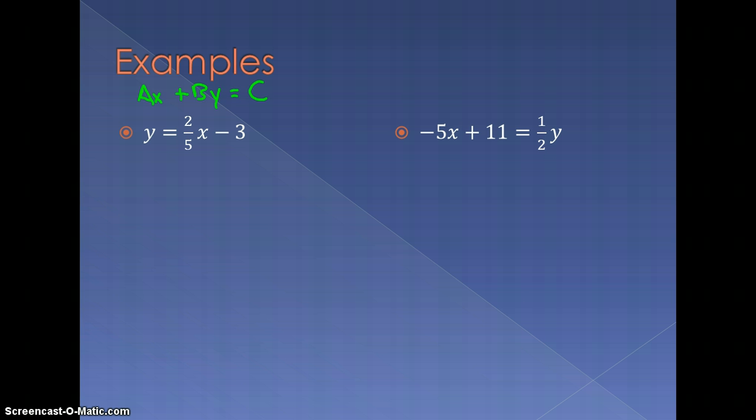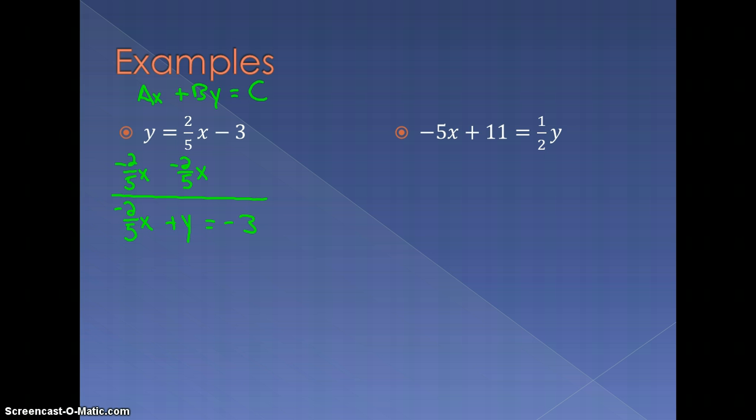So we have to get the x and the y together on one side. Our same skills that we've used all year, the inverse operations, are what we have to use. We have positive 2/5 x on the right, so we subtract it from both sides. We get negative 2/5 x plus y equals negative 3.